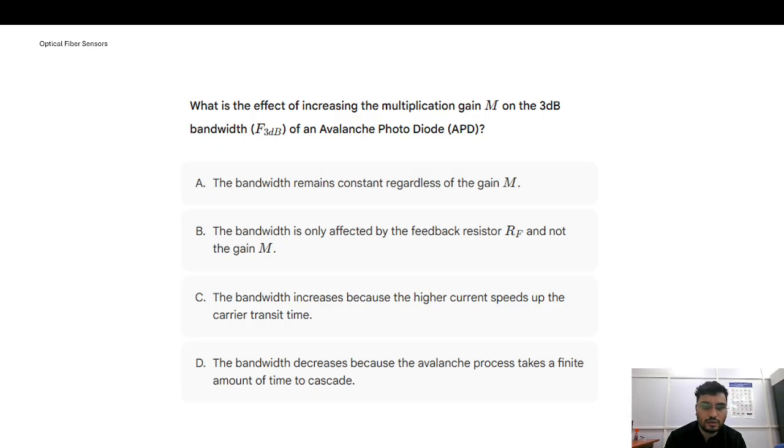So how does the multiplicative gain affect the bandwidth? If you have a PIN photodiode and an APD, which will have higher bandwidth?